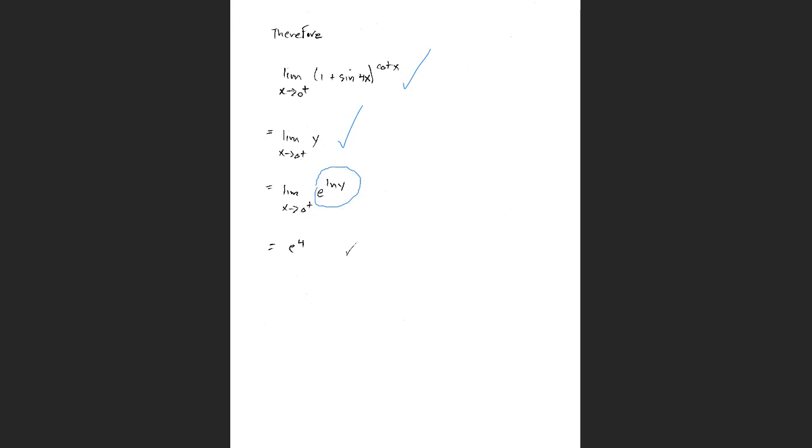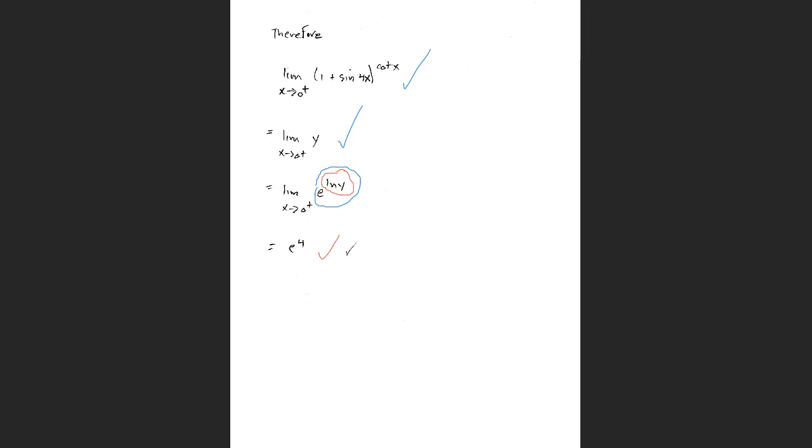And I know the limit of the log of y as x approaches 0 from the right. And so I get e to the fourth power. Isn't that amazing? How many think that's pretty amazing? Yeah, Jacob's liking it. Michelle likes it.